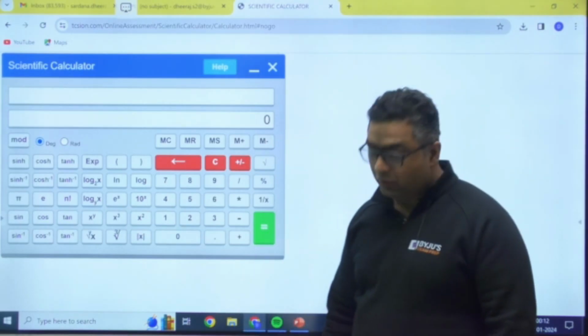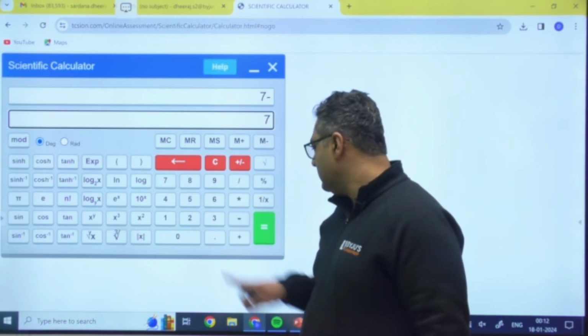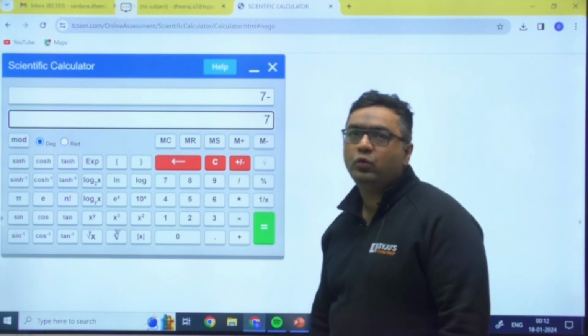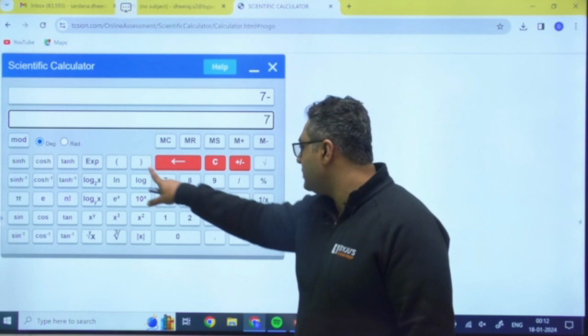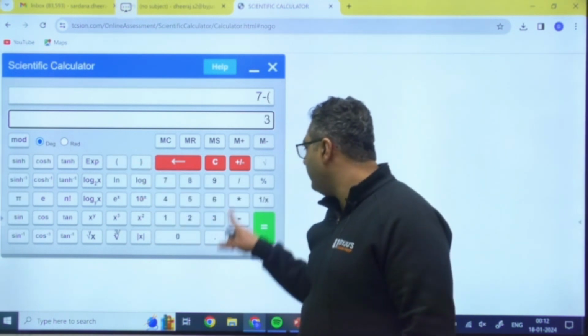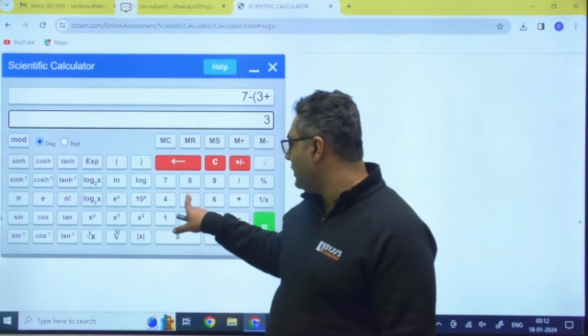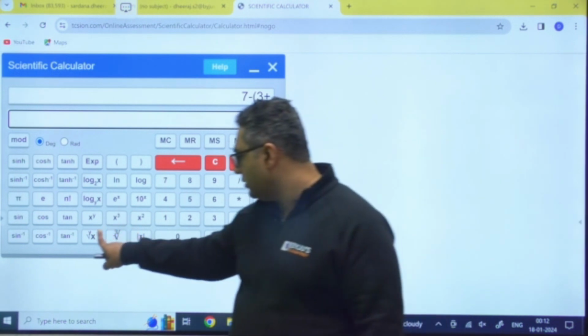So first we would be going for 7, then we have minus. After minus we have bracket start 3 plus, and then we have root 5. So first we will put the number 5, and then the function.